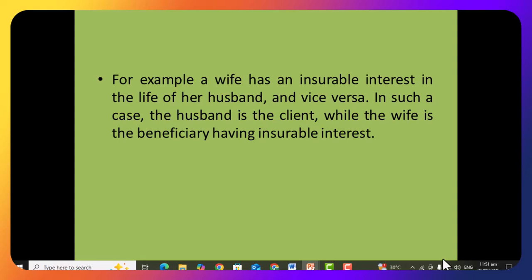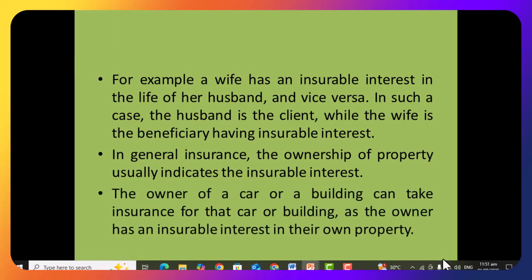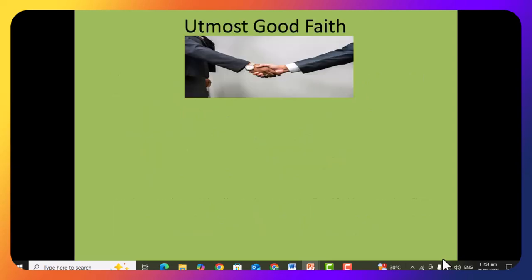In such a case, the husband is the client while the wife is the beneficiary having insurable interest. The beneficiary is the one who receives the insurance claim if the client dies. In general insurance, the ownership of property usually indicates the insurable interest. The owner of a car or a building can take insurance for that car or building, as the owner has an insurable interest in their own property.